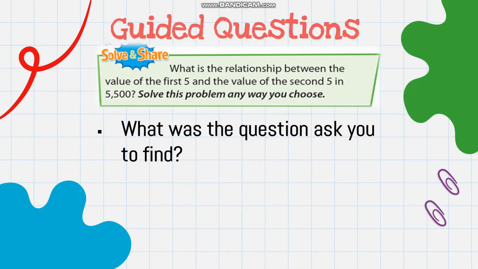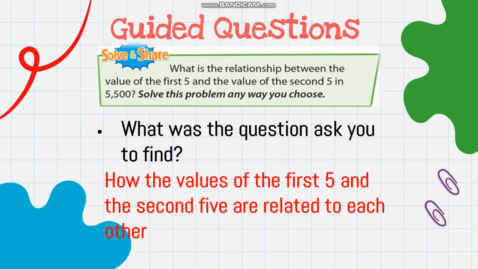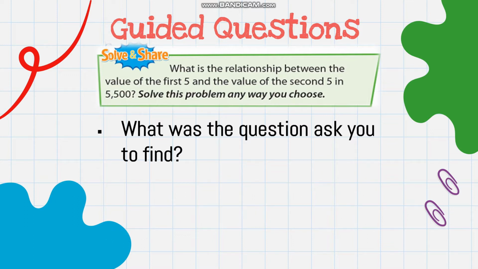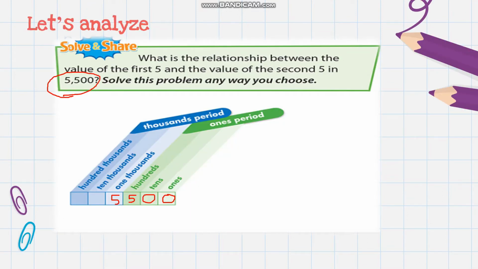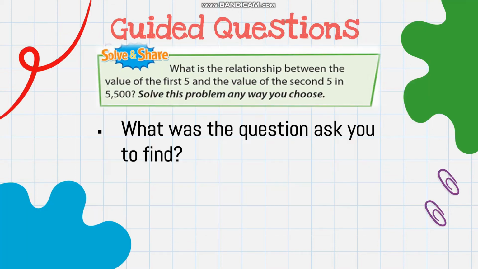What does the question ask you to find? Based on the given problem, how the values of the first 5 and the second 5 are related to each other. So that is the question.